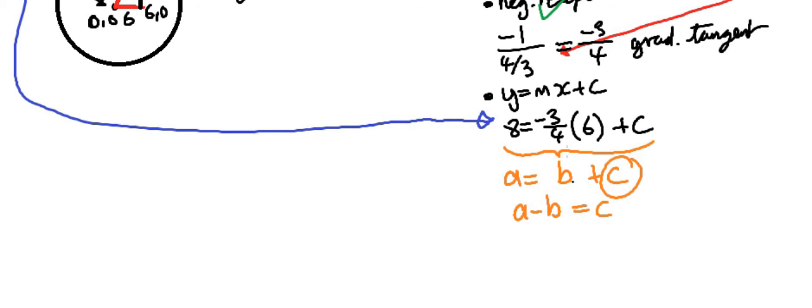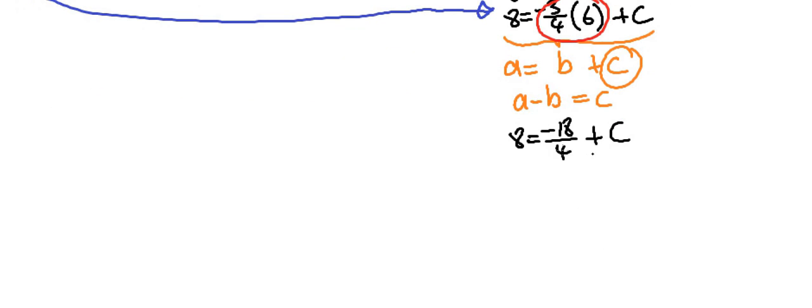So let's multiply these first. So 8 equals -3/4 times 6, which is -18 over 4 plus c.